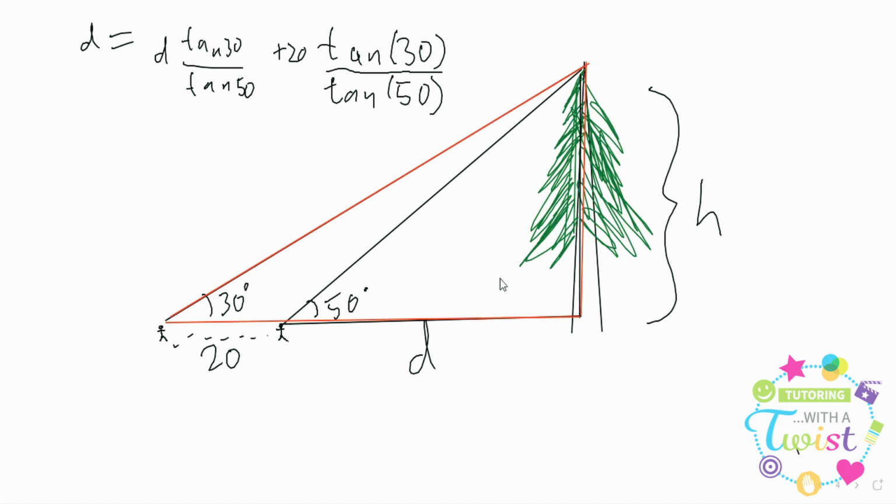No pun intended, since we're talking about trees. The tangent of 30 is equal to 0.577. So I replace tangent of 30 with 0.577, right? The tangent of 50 is equal to 1.192, we'll say.